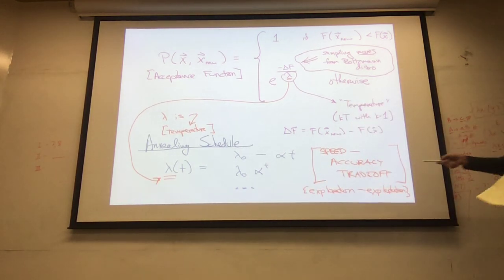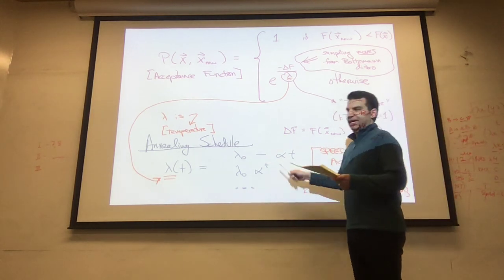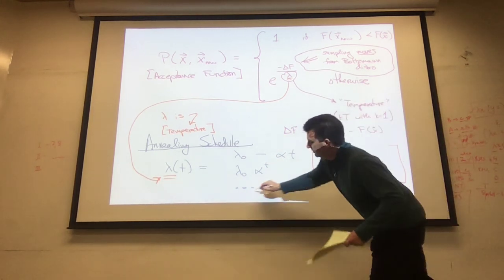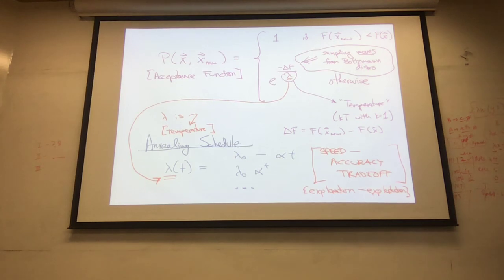So, right, you could come up with different alphas. So, dot, dot, dot. All right, so general SA pseudocode then. Let's generate an initial solution.